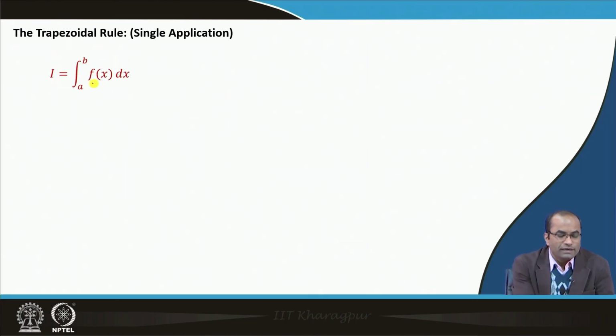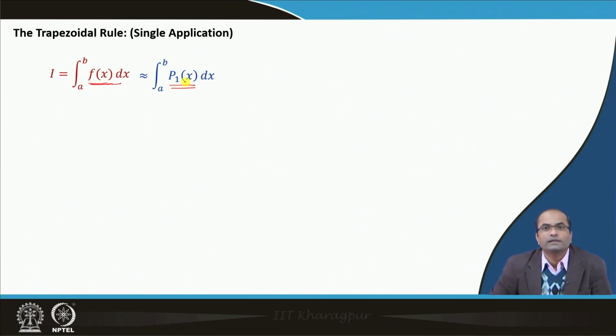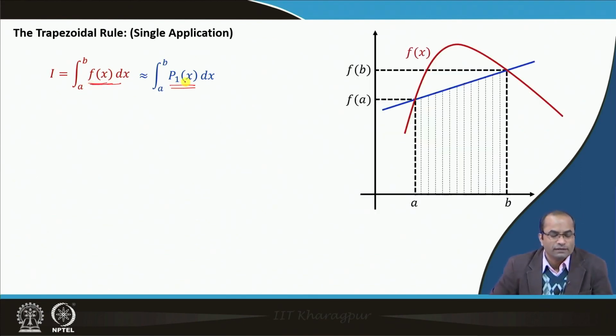In this trapezoidal rule, f(x) will be approximated by a polynomial of degree 1, and this is the situation. For instance, we have the function f(x) given and these endpoints a to b. Between these endpoints we will be approximating that function by a straight line, a polynomial of degree 1.